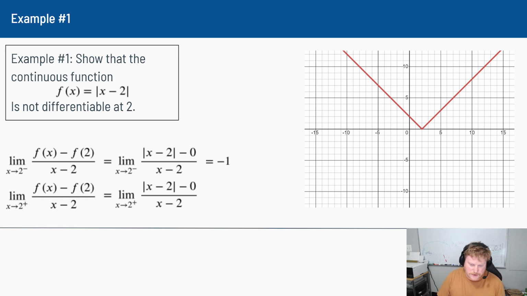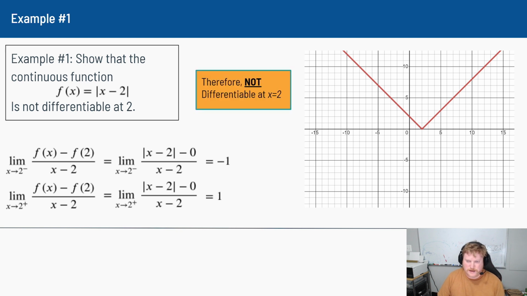So the denominator is always some positive change in x. Because the magnitudes are the same, we get +1. Since the derivative on the left and on the right are approaching different values, this is not differentiable at x equals 2. And again, places where functions have sharp points are never differentiable.